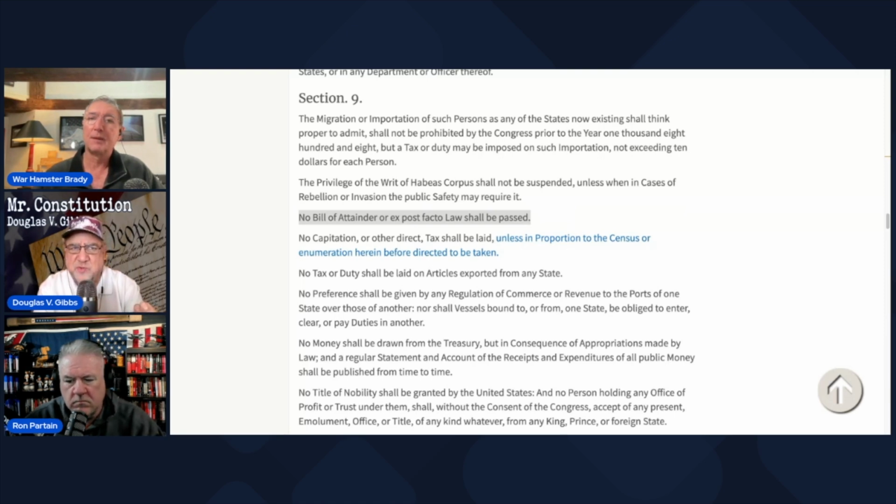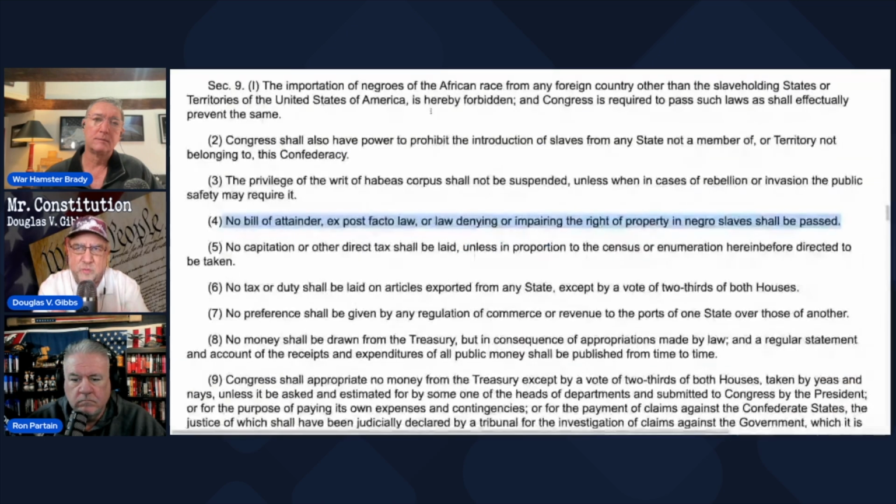Article 4, Section 2 of the Constitution was extradition for slaves. One of the factors that led to the secession was that the northern states were ignoring the Fugitive Slave Act, which was based on that section, Article 4, Section 2 of the Constitution.